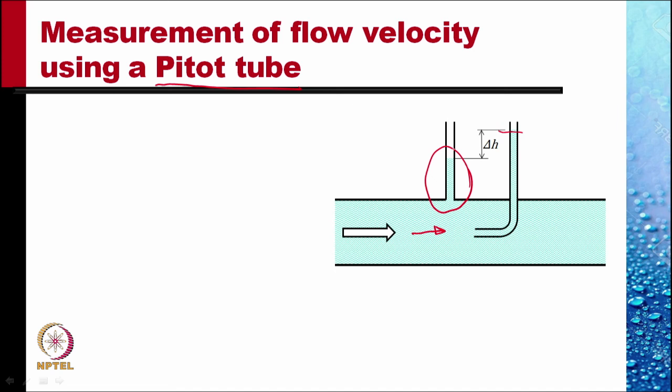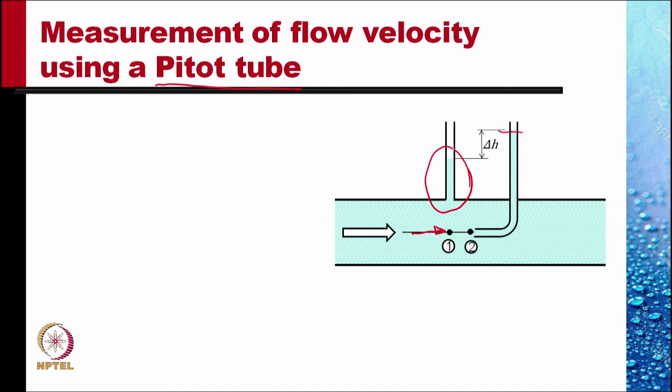Now, to calculate the velocity of the flow, assume a straight streamline between point 1 and 2. At point 2, which is directly at the entrance of the bent Pitot tube, there is no flow taking place. So the velocity at point 2 is 0.